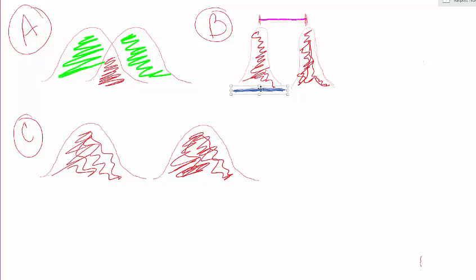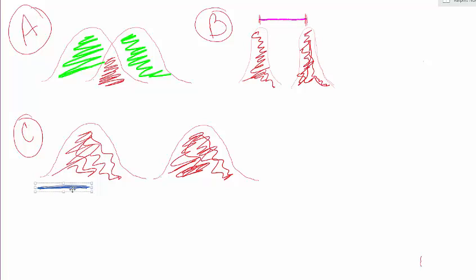You can see it's a lot larger than the distance of the center to the wing in B. Now let's compare A to C. With A to C has a different issue. And that is that the distance, the standard distance from the center to the wings in A is the same as the distance from the center to the wings in C.